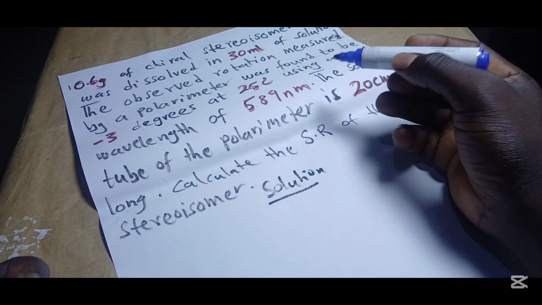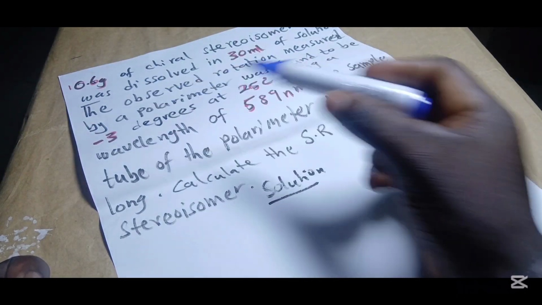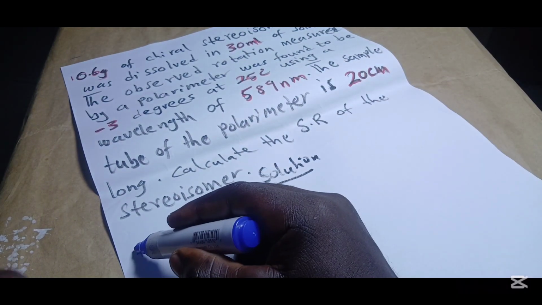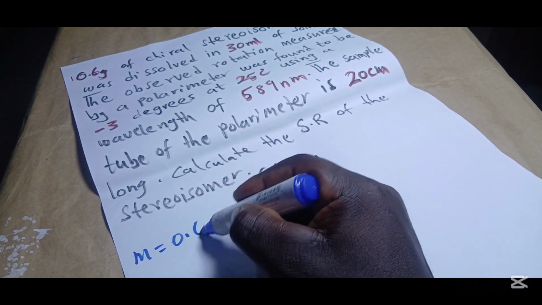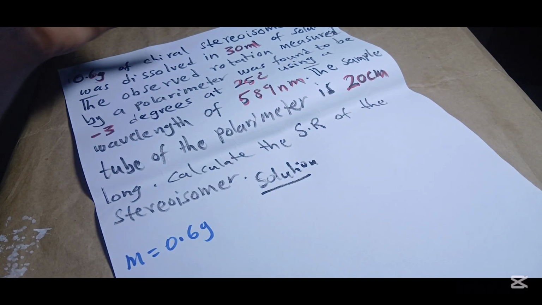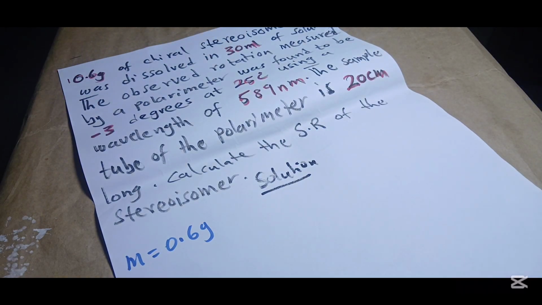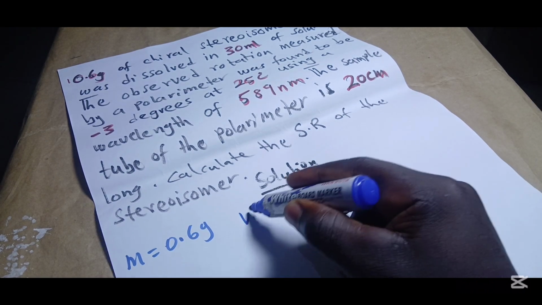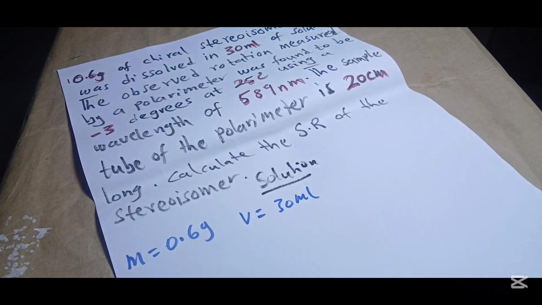Let's try putting our parameters together. We have mass, which is 0.6 grams, dissolved in a volume given to be 30 ml.